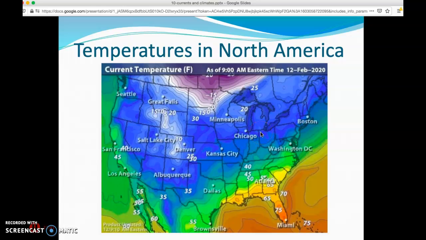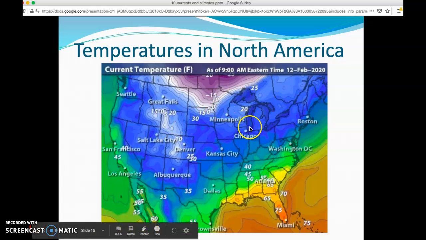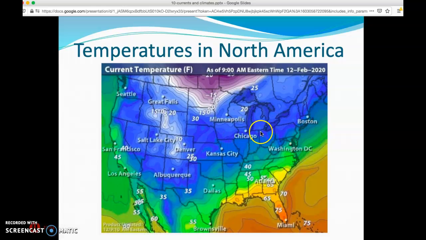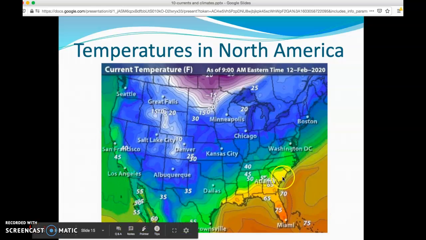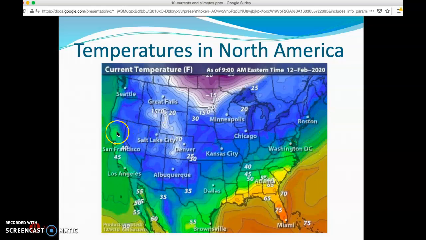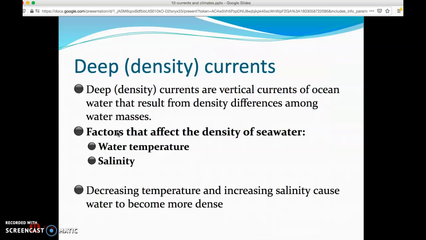I used to live right here, and it's a lot colder, not only because it's inland and continental, but also because it's more north than North Carolina right here. So it does have to do a little bit with how close you are to the water. You can really see it over here with California and Washington, and even down into here. You can kind of see it with Florida and on the East Coast, but not as much.